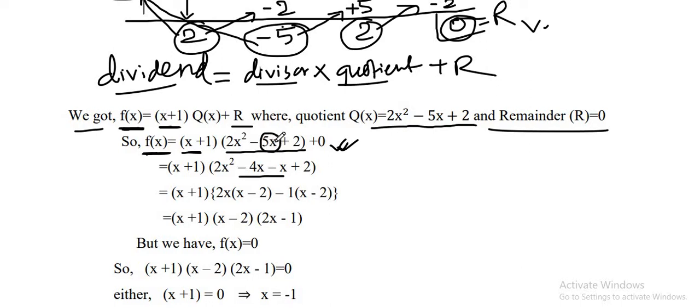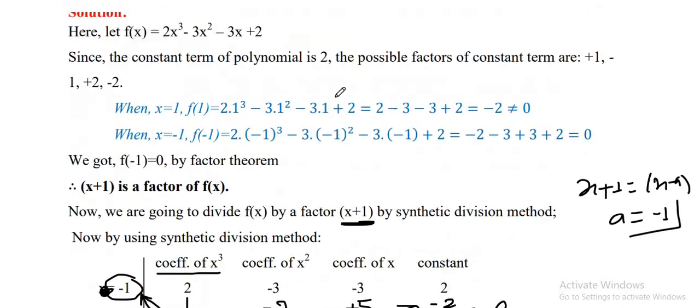Then I took 2x common from the first two terms and minus 1 from the last two terms, and finally I found that x minus 2 is common, and 2x minus 1 is the rest. So we factorize f of x into the factors x plus 1, x minus 2 and 2x minus 1.